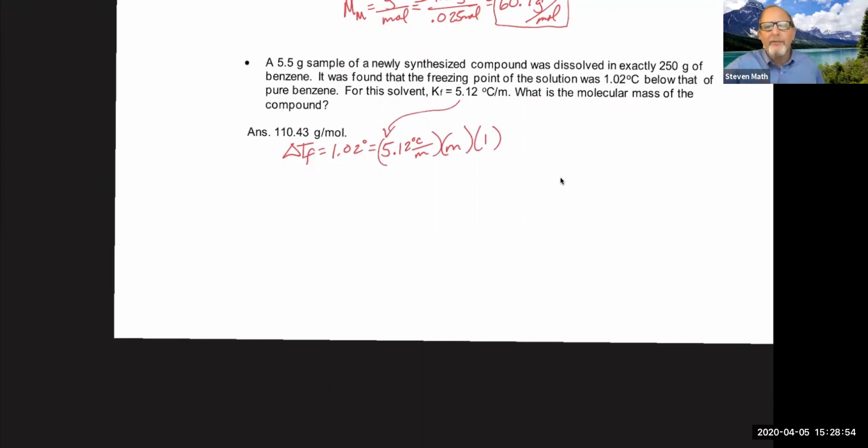You should never have a problem where i, in these molar mass types of problems, isn't 1. So if this is the case, my molality is 0.199 moles per kilogram. Okay? How many kilograms of solvent did we use? Oh yeah, they told me up top, it was times 0.250 kilograms.